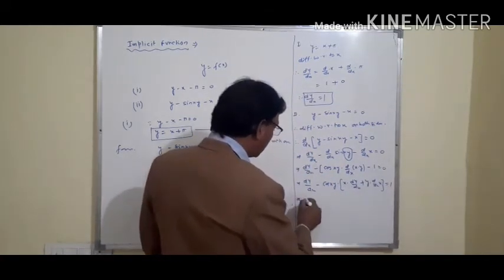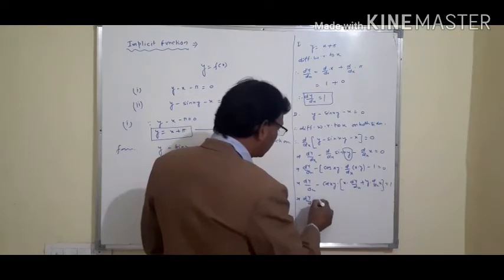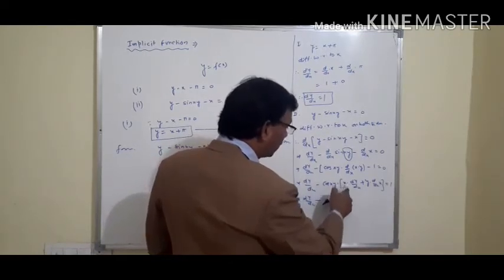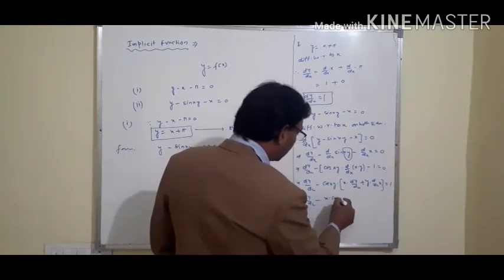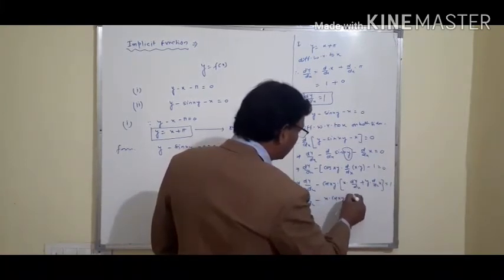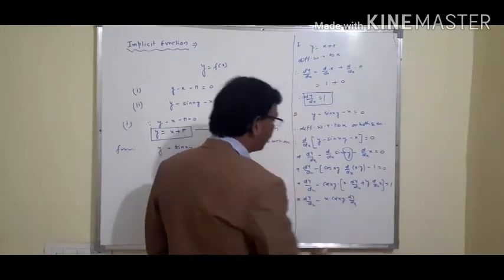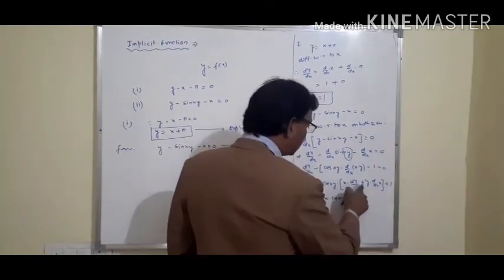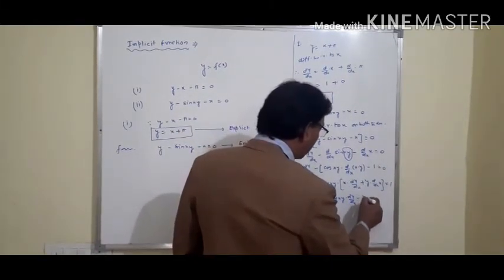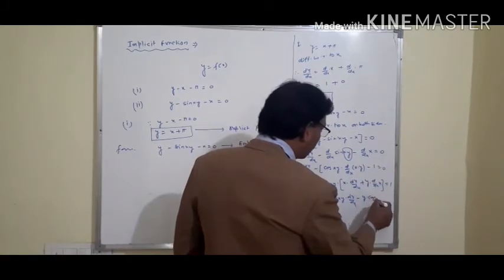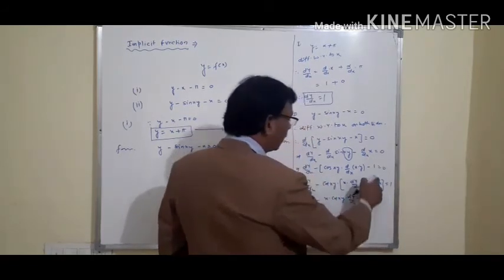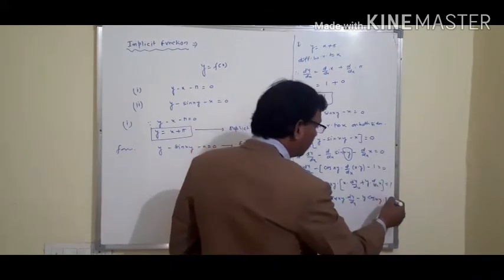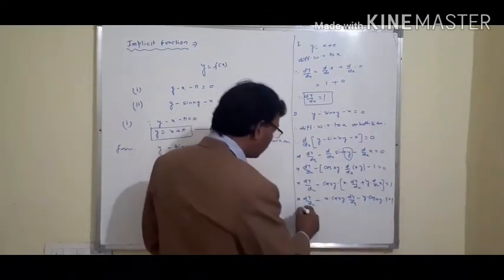Now dy upon dx minus, multiply this x into cos of xy into dy upon dx, again minus into plus will be minus y into cos of xy into d by dx of x, means 1, equal to 1.